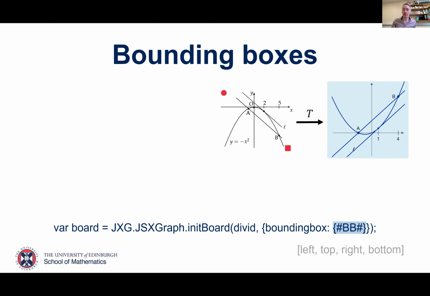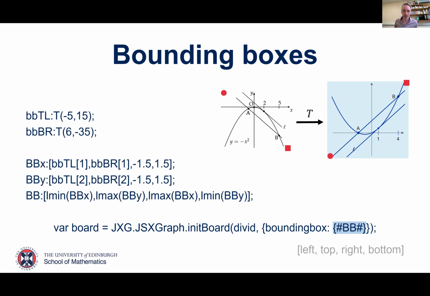And when you do this transformation, essentially you just look at where the top left and the bottom right corners go under that transformation, and that gives you for free what the new bounding box should be. So just for completeness sake, here's the code that I've been using to do that, with a little bit of tweaking.